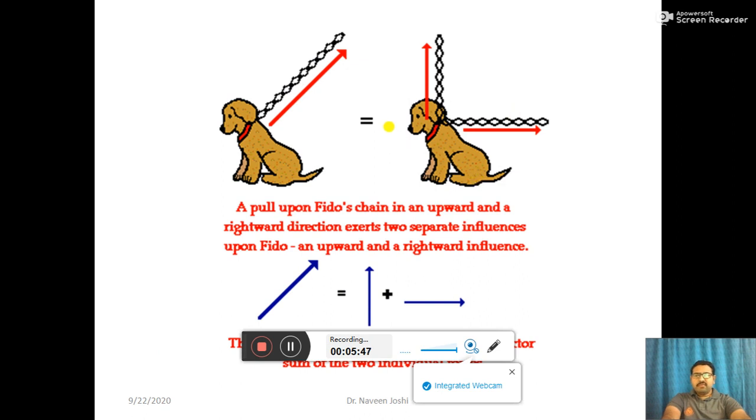One force is acting in the upward direction and one force is acting in the rightward direction. Due to these two forces, one new force is exerted. You can see the new force exerted by the combination of these two forces on the left-hand side.